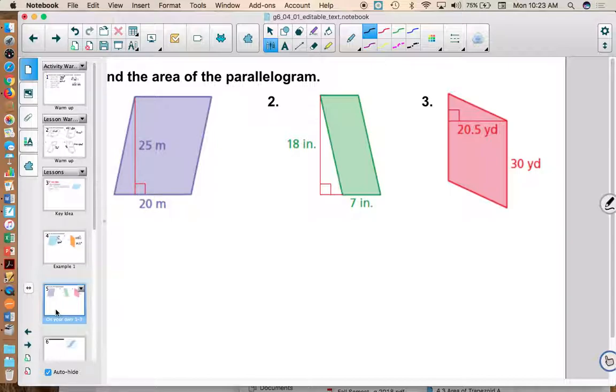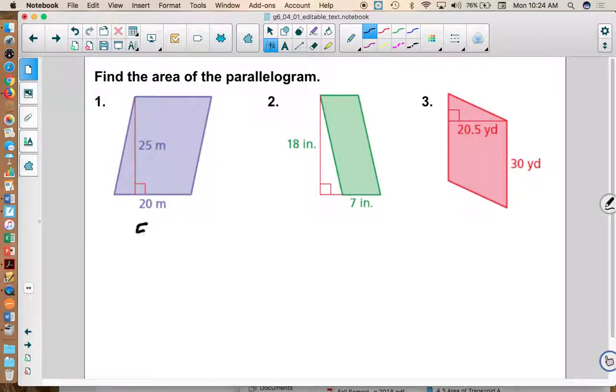Get number 1 done, and while we're waiting, you could go ahead and do number 2. Jaden, what is the area of number 1? 500 meters squared. Good job. 25 times 20.